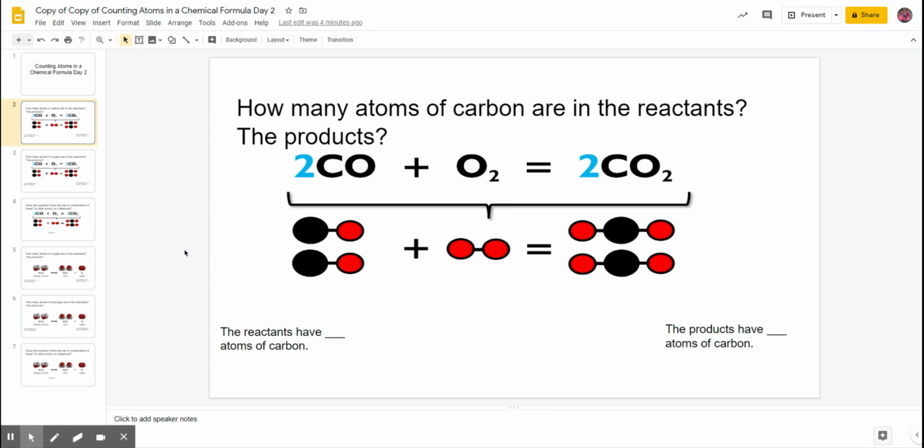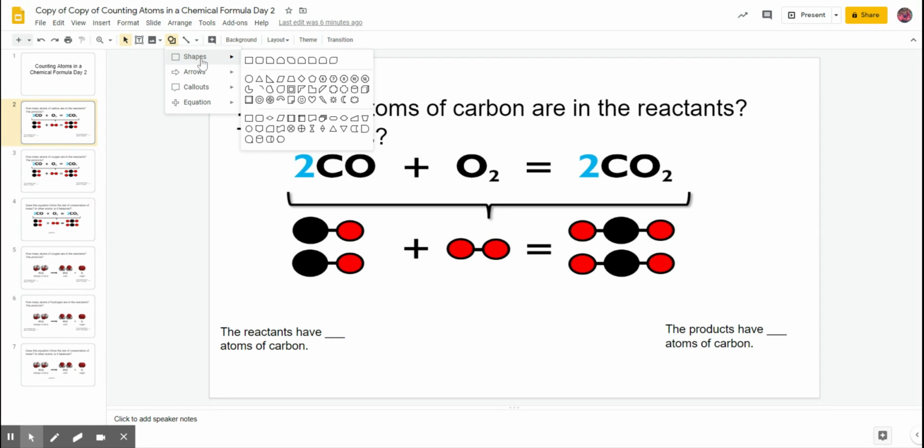But basically, the reactants is going to be specifically the left side of the chemical equation.